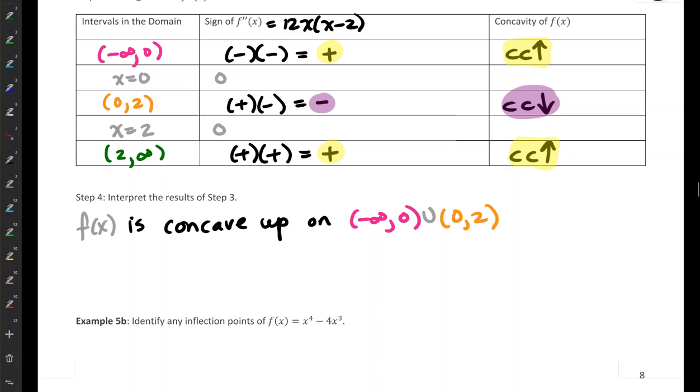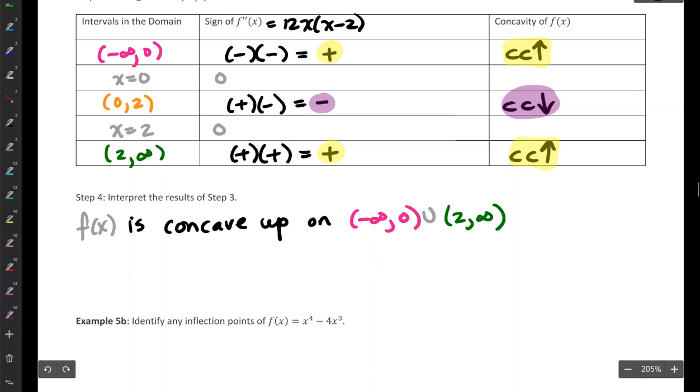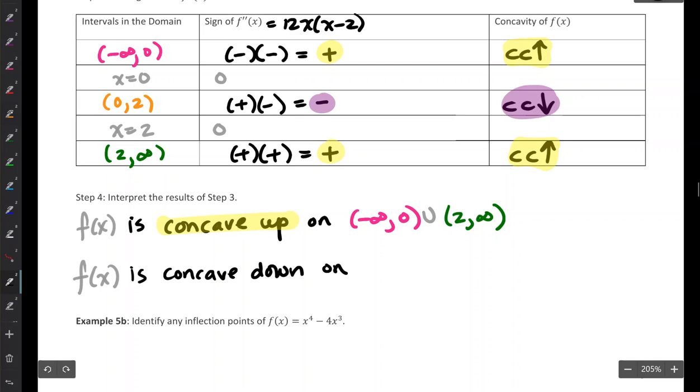Oops, Lindsay's dyslexic. Let's fix that. And f is concave down on the complement of that set, 0 to 2.